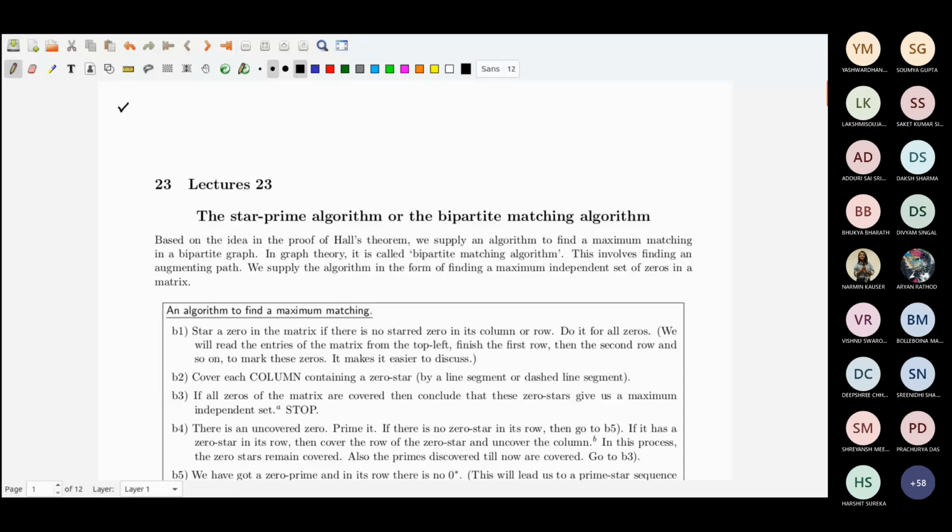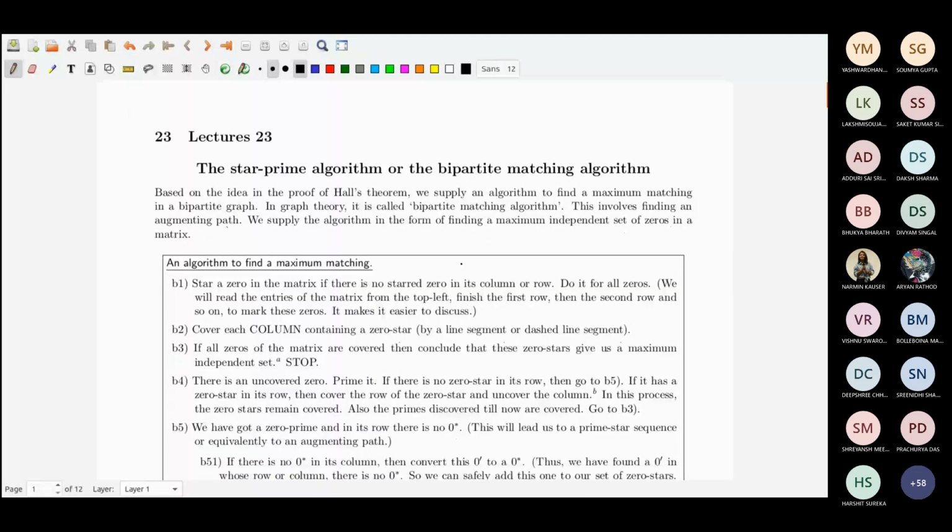Fine. So in the last class, I was trying to explain the star prime algorithm, which aims to find a star prime sequence, which is essentially an augmenting path. So what is the input over here?